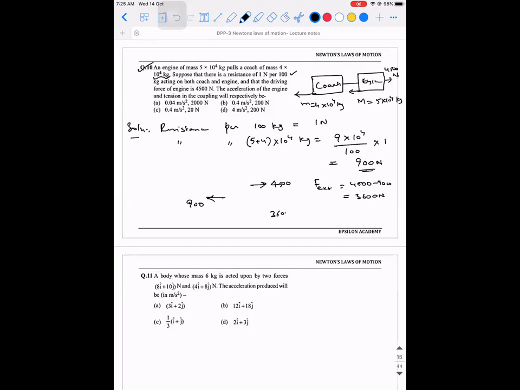So this 3,600 Newton is responsible for pulling a mass of 9 into 10 power 4 multiplied with acceleration. F is equal to ma. So what will be the value of a, guys? 400 into 10 power minus 4 is 0.04 meter per second square. Is there an option? So 0.04 meter per second square, the first option. Now how to find the tension?